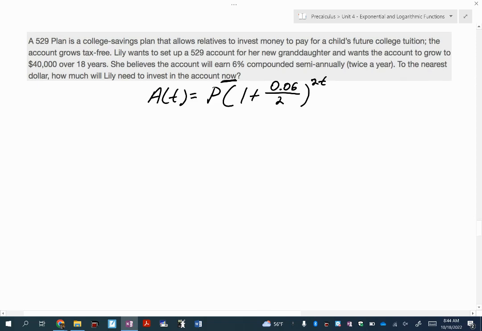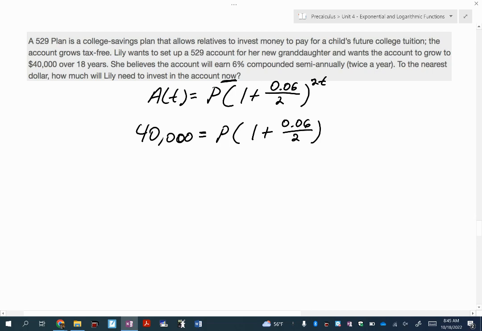In 18 years, she wants to have $40,000 for her granddaughter, which is super nice, Grandma, but not going to go a whole long way with how expensive college is going to be, equals P times 1 plus 0.06.